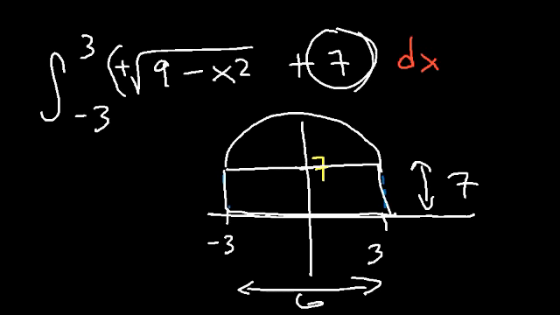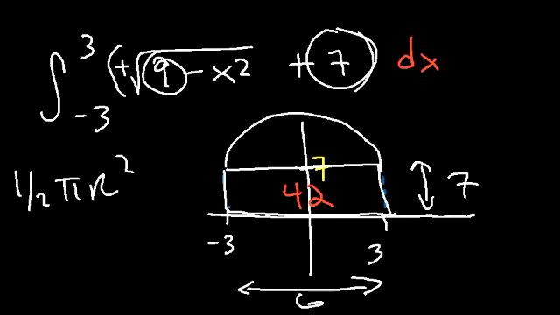The difference between 3 and negative 3 is 6. So 7 times 6, that's 42. And then the area of the semicircle is 1/2 pi r squared. We can see that r squared is 9, so it's 9 pi over 2. So the final answer is 9 pi over 2 plus 42.